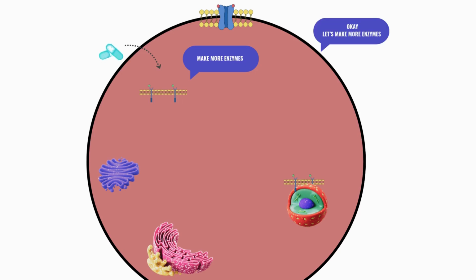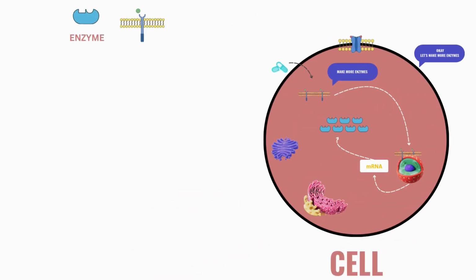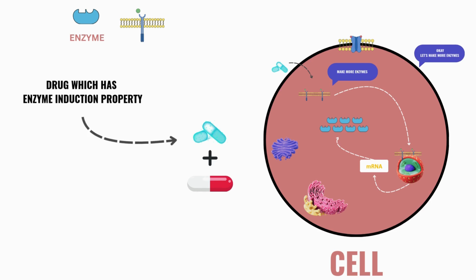The message reaches the nucleus and production of mRNA increases, which ultimately increases production of enzymes like cytochrome P450. So, more enzymes means drugs are metabolized much faster than usual. An important point here is if a patient takes drugs along with a drug which has enzyme induction property, we know it increases the enzyme number inside the cell. So, those new drugs also get metabolized much faster.